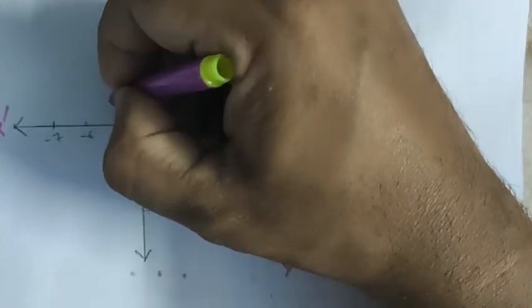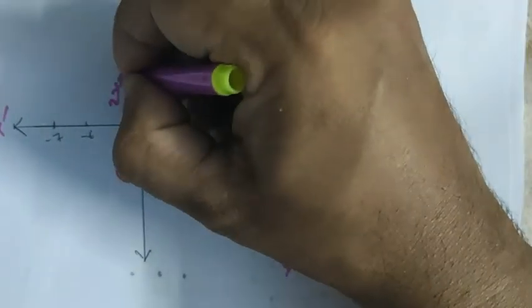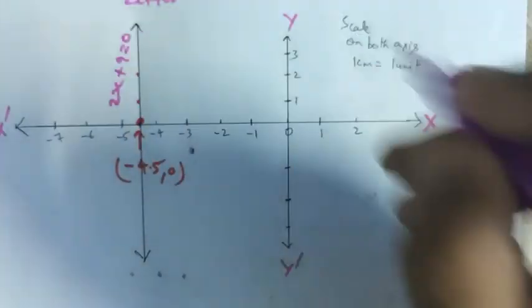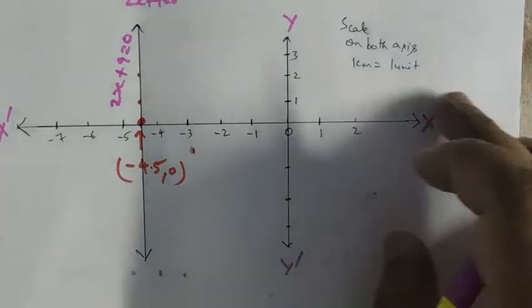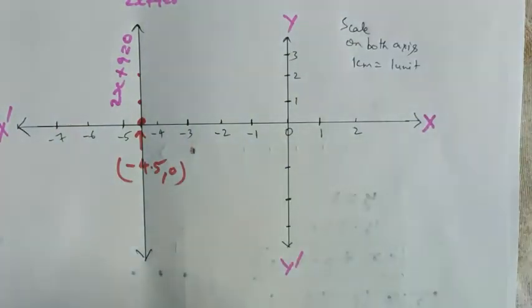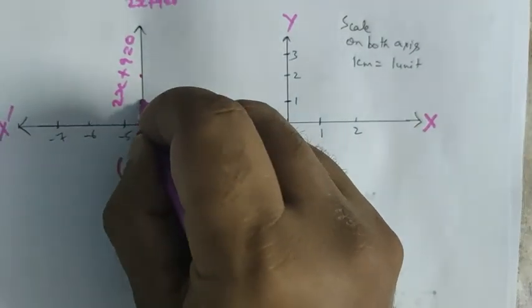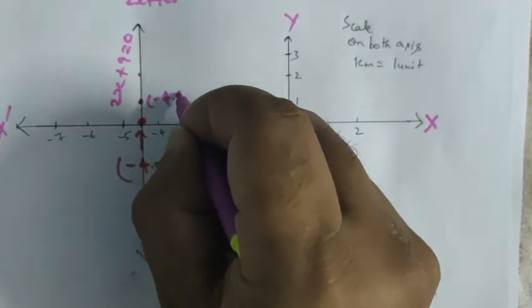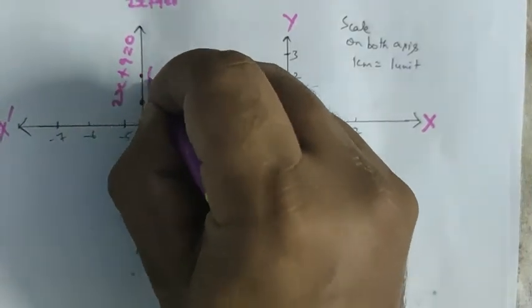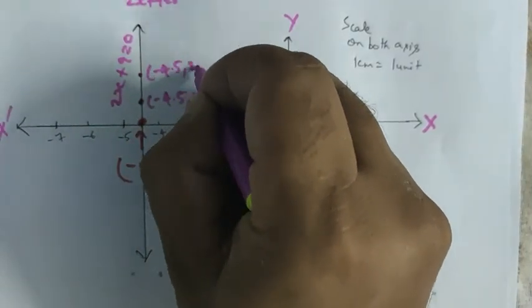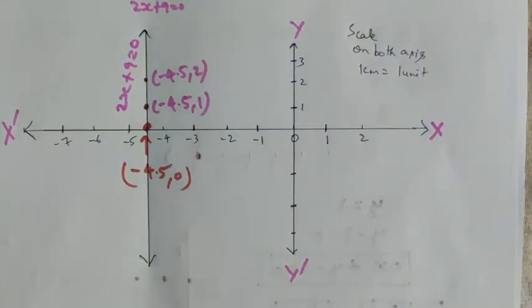Here I have written the equation 2x plus 9 equals 0, x dash, y dash, the scale, and the points minus 4.5 comma 0, minus 4.5 comma 1, minus 4.5 comma 2, and so on. Any 3 points you can plot. Like this we will draw the graph for a linear equation in two variables. Got it? That's all. With this we have ended the chapter.